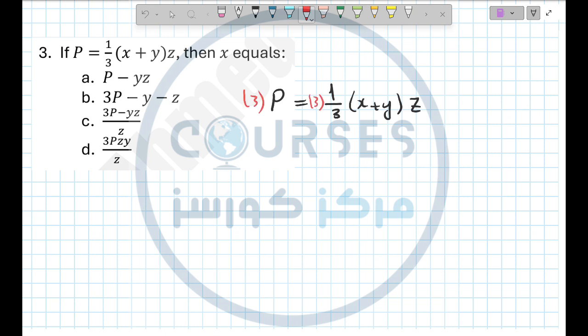But so we're gonna have to multiply both sides. This 3 will cancel with this 3, so we will be left with 3p equals, we can distribute this z. The 1 khalas, 1 times anything is the same thing. So x times z is xz, y times z is yz.